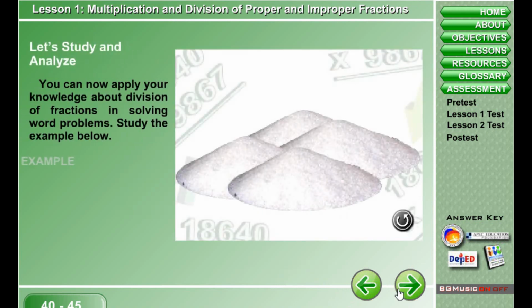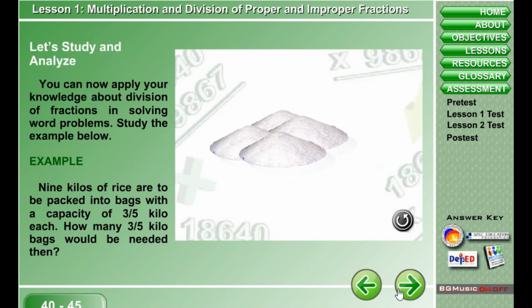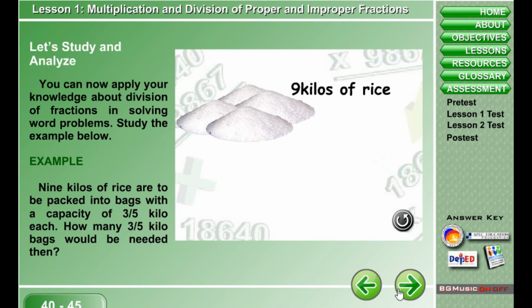Let's study and analyze. You can now apply your knowledge about division of fractions in solving word problems. Study the example below. Example: 9 kilos of rice are to be packed into bags with a capacity of 3/5 kilo each. How many 3/5 kilo bags would be needed then?